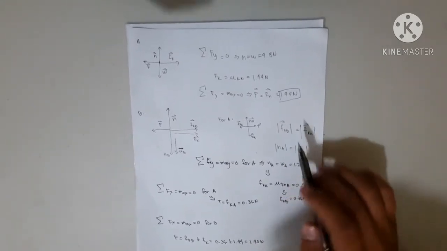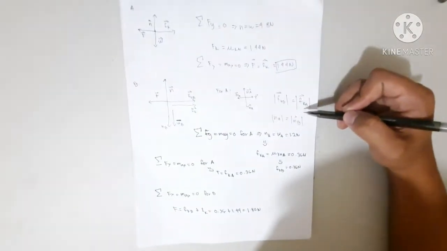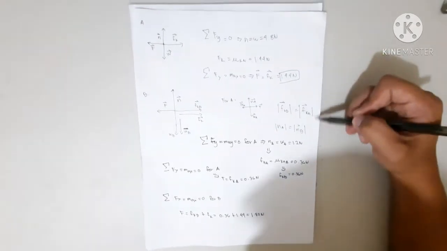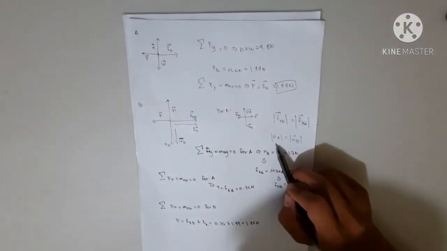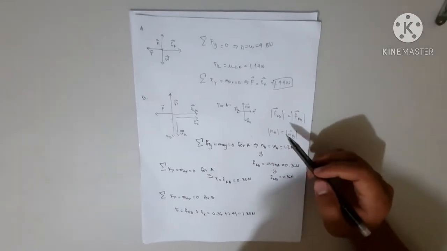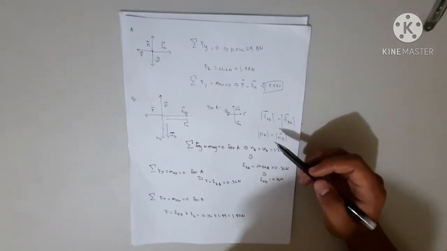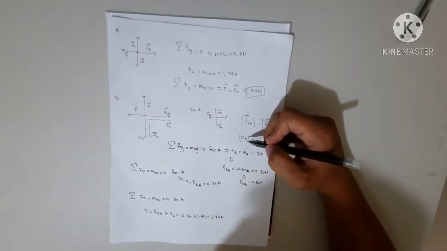So instead of saying the vectors are equivalent, we are going to take the absolute value and say that their magnitudes are equivalent. So NA is equivalent to NB. For the same reason, they form a Newton's third law pair, and thus are equivalent in magnitude.